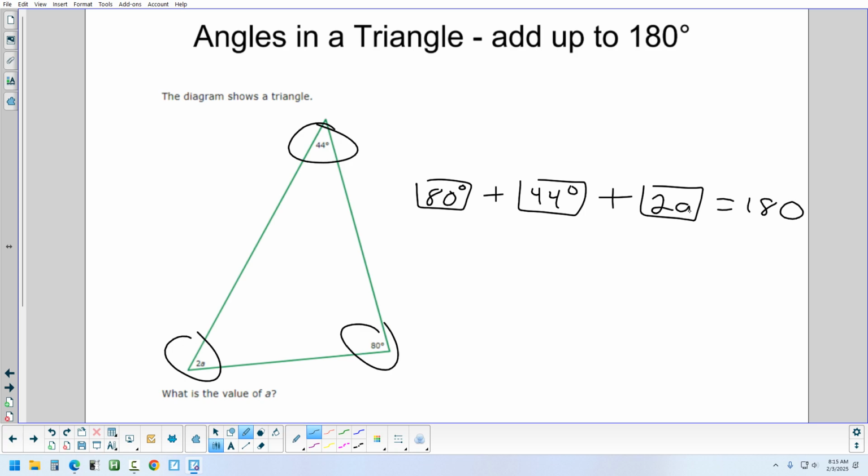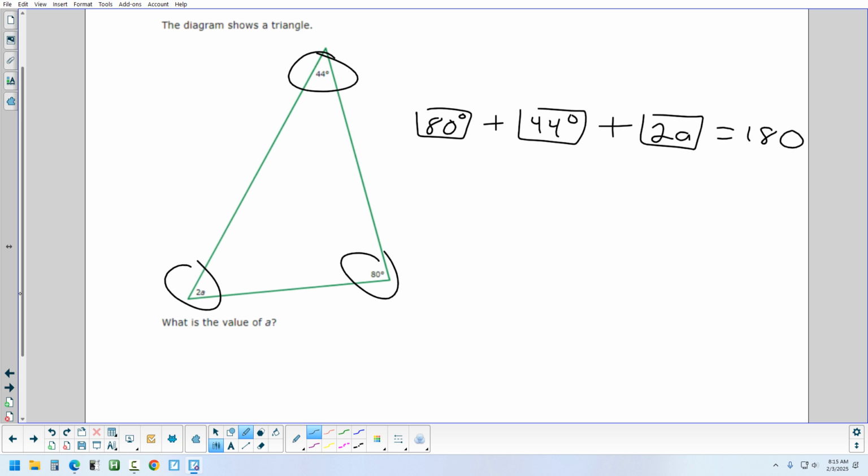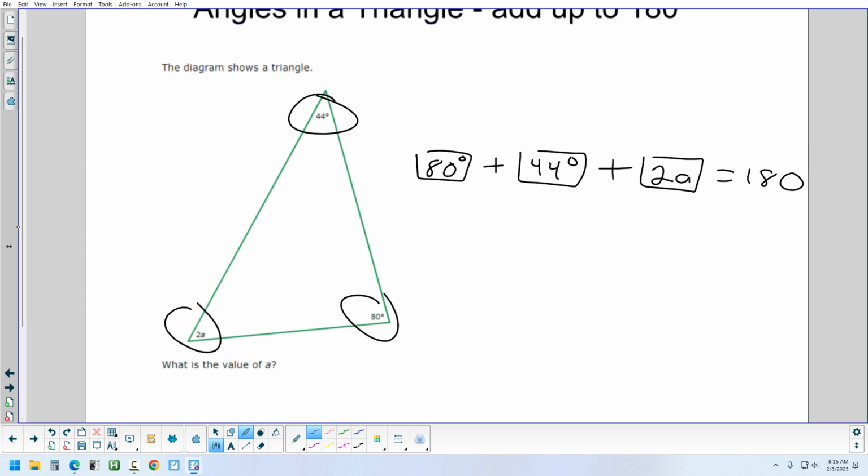Okay, so now you've filled in everything, and now it says what is A. What that means is we're going to combine like terms and solve for A. What's 80 plus 44 give me? 124. So that's 124 plus 2A equals 180.